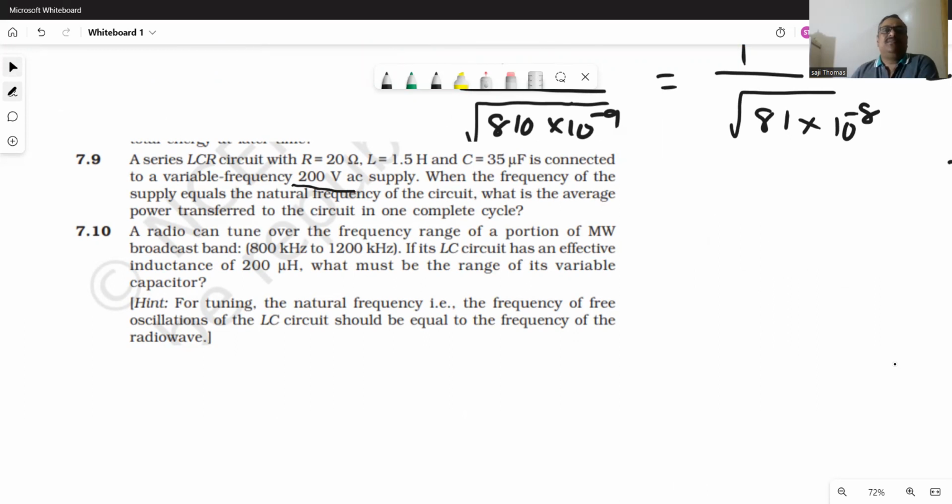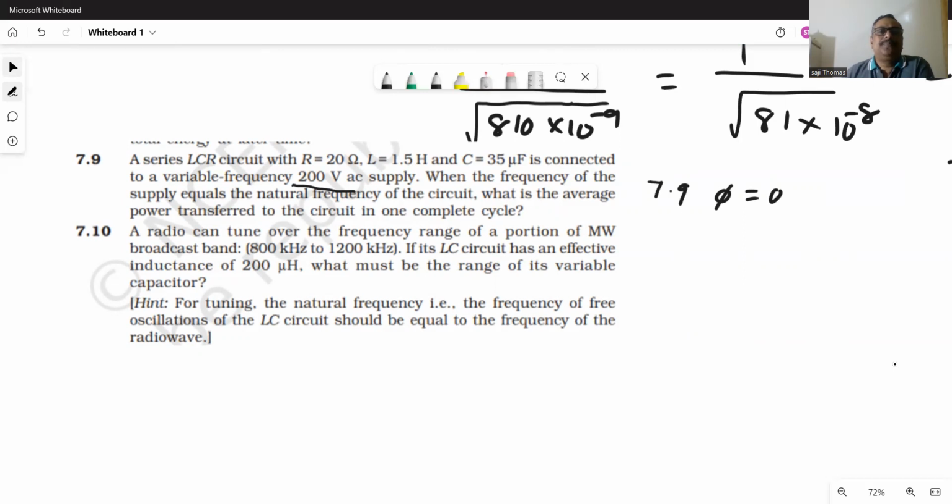Here it is given that the frequency of supply equals the natural frequency of the circuit. That means it is in resonance. In resonance, current and voltage are in phase. So we can write phi is 0. The phase angle between current and voltage is 0.